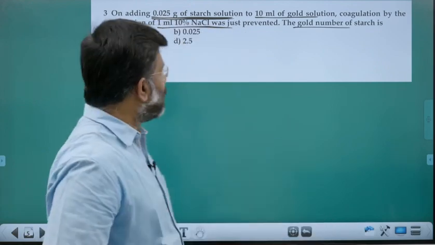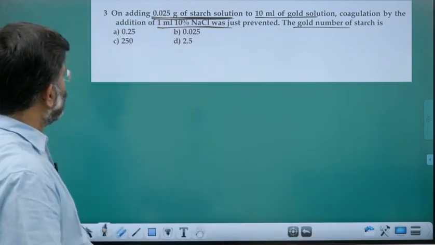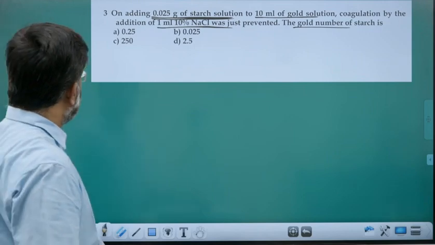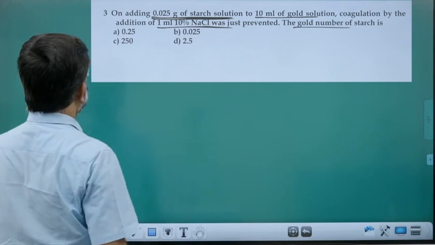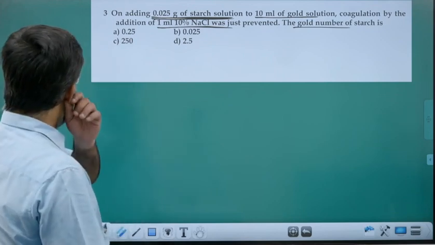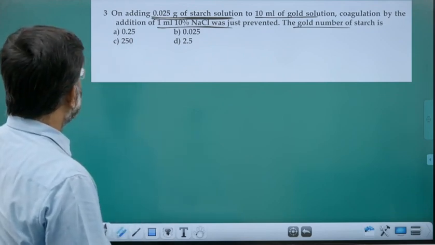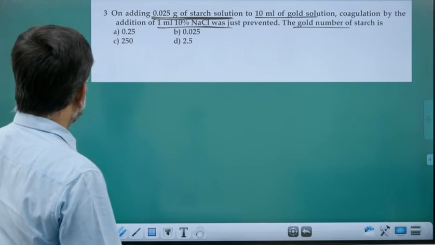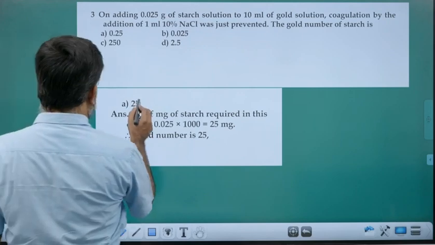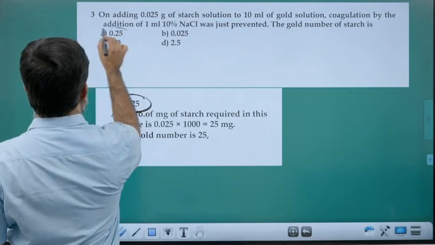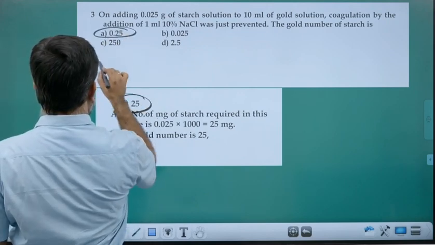Now it is given in grams. So 0.025 gram means into 1000, that is 25. There is no suitable choice present. It is 25. Yes, it is option A. Maybe it is wrongly printed. It is 25.